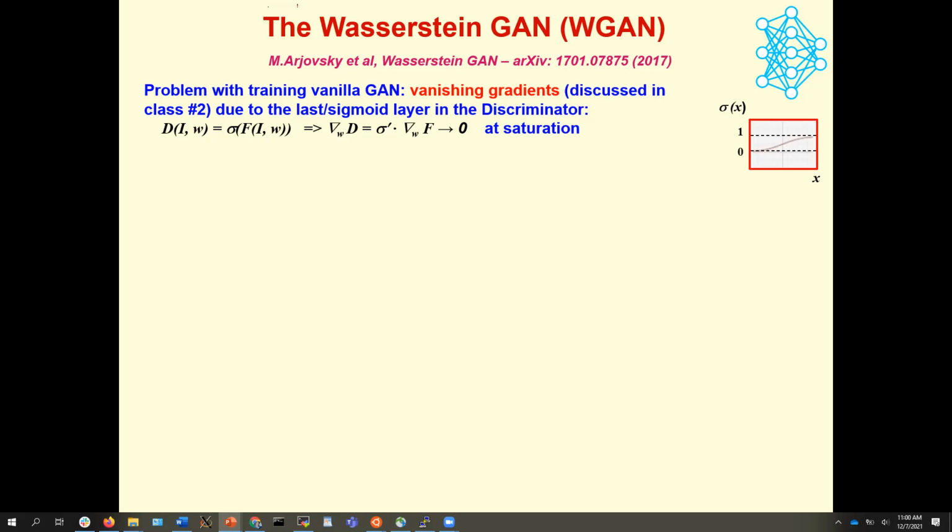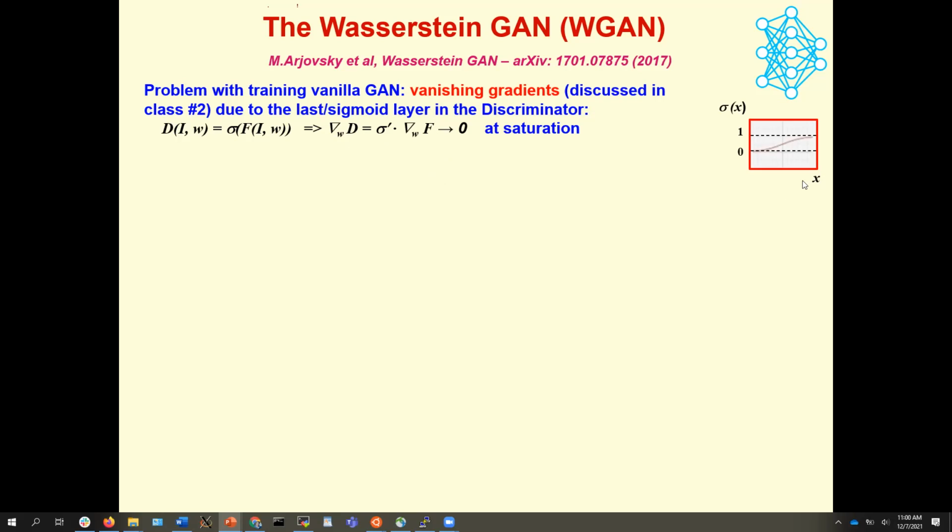You do not see any improvements in the training and the loss function. That issue was partially discussed already in the second class for sequence data, but it's normally attributed to the sigma layer as the last layer of the discriminator network.